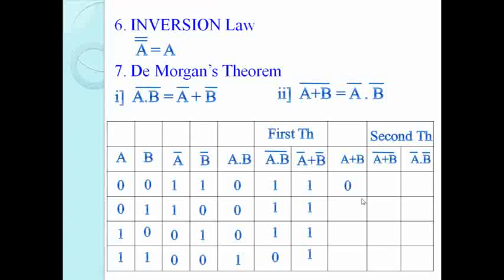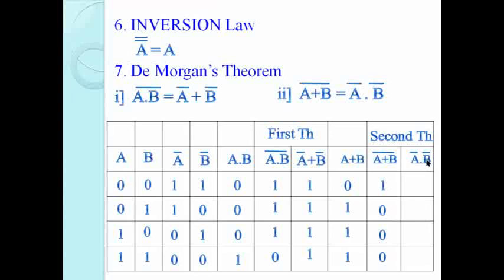Now the second law. See here, A plus B. A plus B means 0 plus 0 is 0, 0 plus 1 is 1, 1 plus 0 is 1, and 1 plus 1 is 1. And take the inverse of this, because here is the inverse. So 1, 0, 0 and 0.